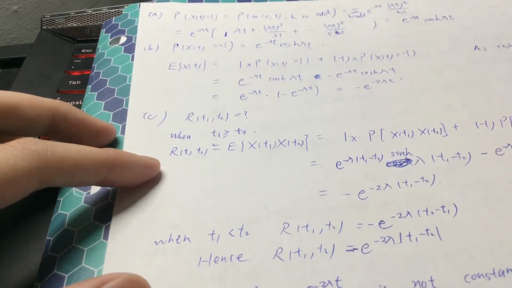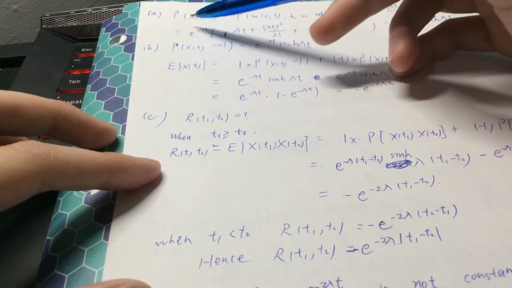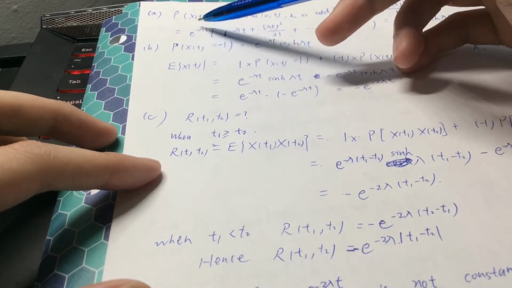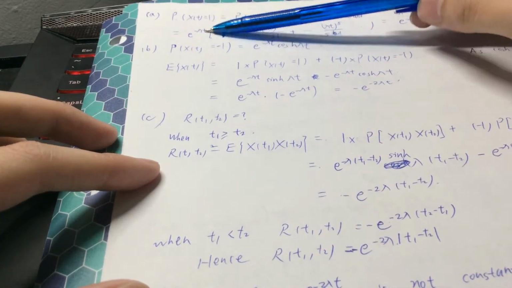We also know that when X(t) equals 1, N is odd in (0, t). So the probability of X(t) equal to 1 is the probability that N is odd.